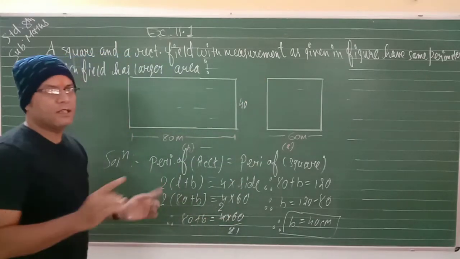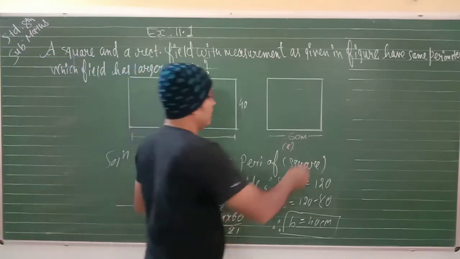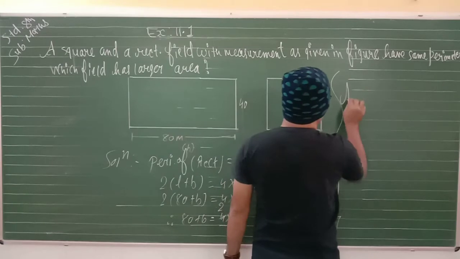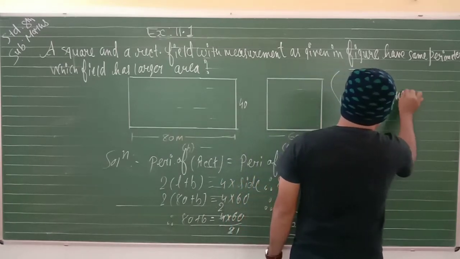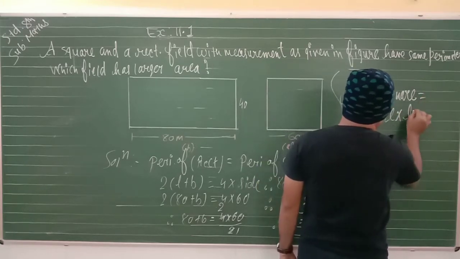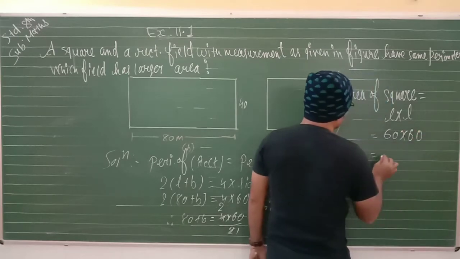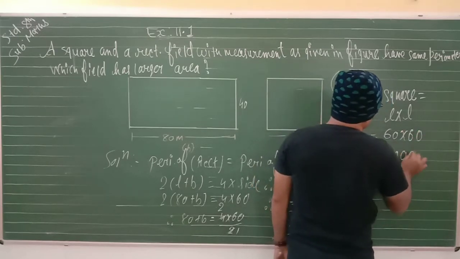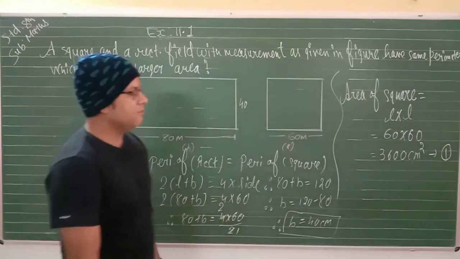Now we can find. Now you have to find the area of square and area of rectangle. So area of square is equal to length into length, is equal to 60 into 60, is equal to 3600 centimeter square. Result number 1.